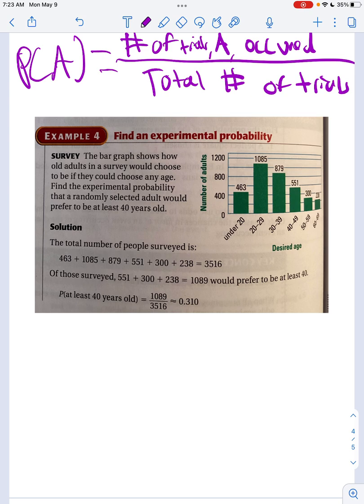The bar graph shows how old adults in a survey would choose to be if they could choose any age. Find the experimental probability that a randomly selected adult would prefer to be at least 40. So at least 40 means 40 to 49, 50 to 59, and 60 to 69. So again, how do we get our totals?